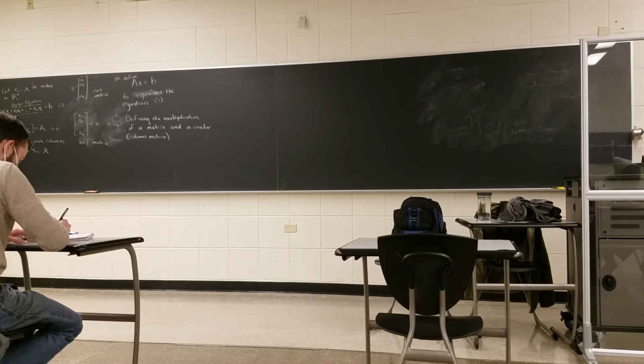Now, in order for this equation to make sense, we need to have as many entries in x, so x1, x2 up to xk, as the number of vectors over here. Otherwise, this equation is not defined.